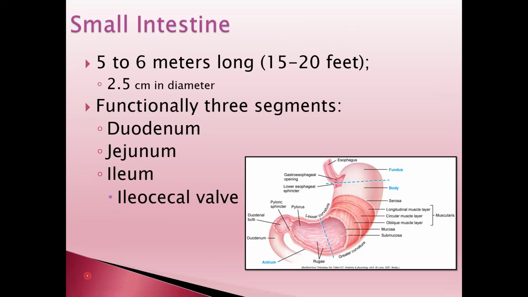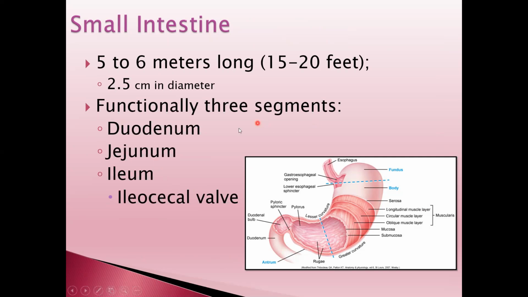Now, the small intestine starts at the pyloric sphincter, and that's why I have this picture here. This is the stomach, but this is where the small intestines start. It starts at the pyloric sphincter, after which comes the duodenum, and that's the small intestines. Then it ends where the small and large intestines meet, at the ileocecal valve.